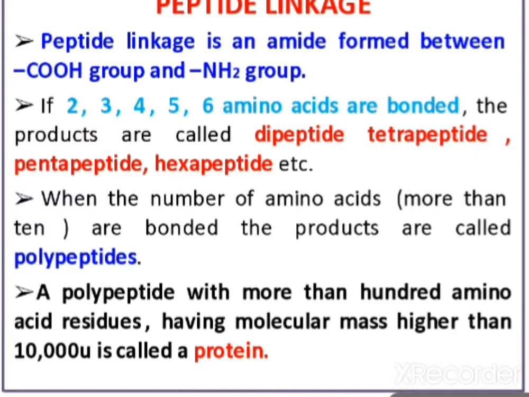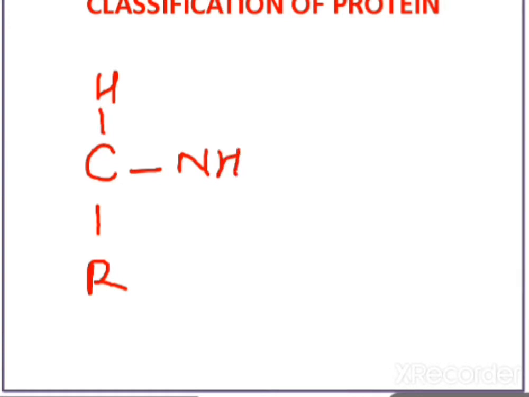In a very simple way, let's see the peptide linkage. How can we form the peptide linkage between two molecules? See, this is the structure of the amino acid. Here is H, here is R, here NH, like this, one H, one H. Here is COOH.